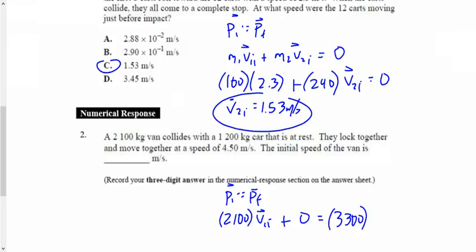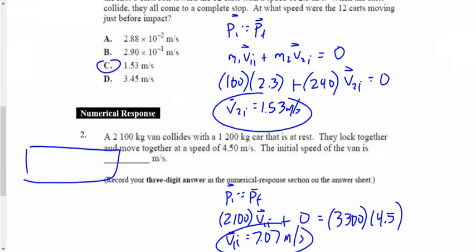They head off together at 4.5. We solve for V1I, and it works out to be 7.07 meters per second. They're not asking me to express this one in scientific notation, so if this is a numeric response question where you have to bubble it in on a test, we bubble it in like this, 7.07.